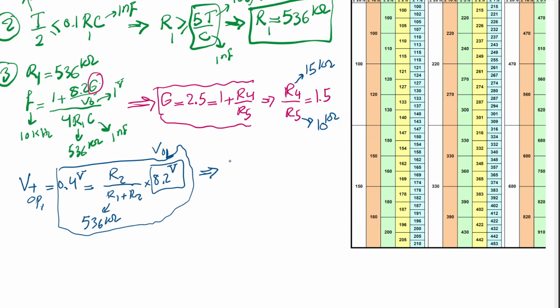So it becomes R1 divided by R2 plus 1 is equal to 8.2 divided by 0.4, which is equal to 20.5.